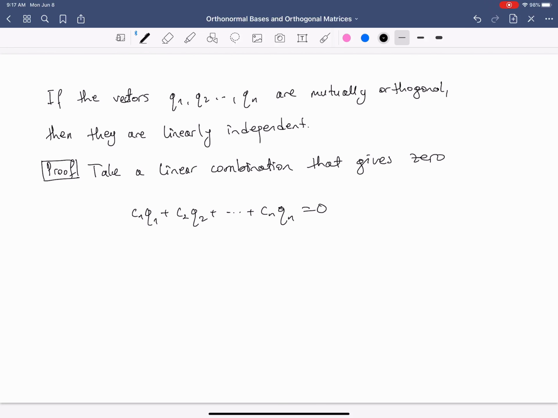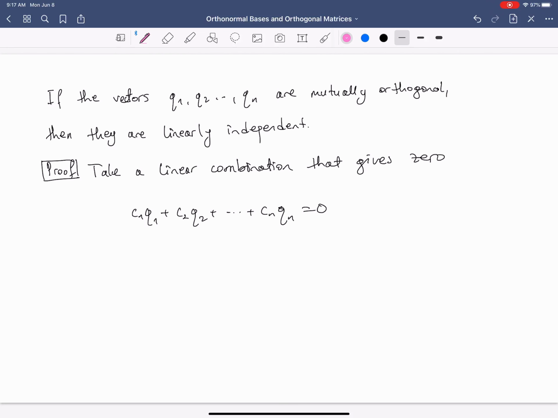To show that the vectors are linearly independent, we must show that each of these c's is 0. So how are we going to do that? Well, we're going to use orthogonality. We're going to multiply this equation on both sides by q1 transpose.